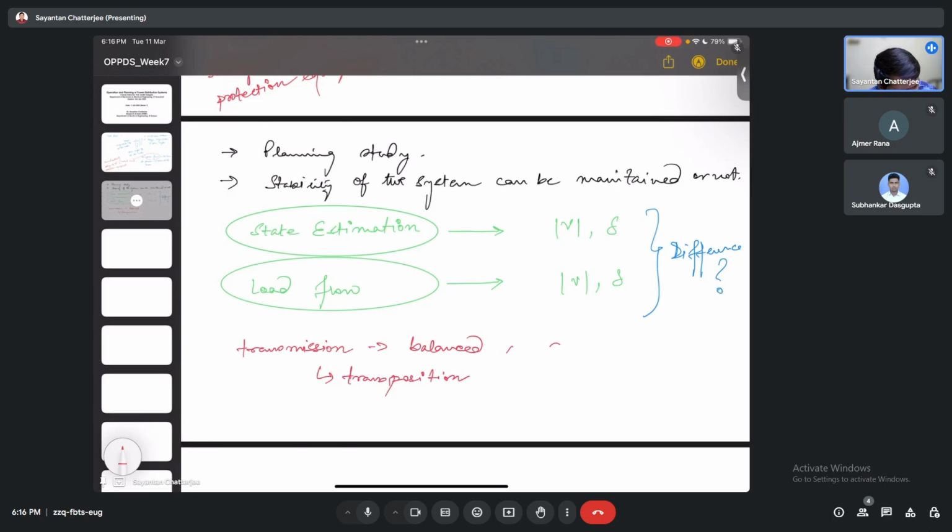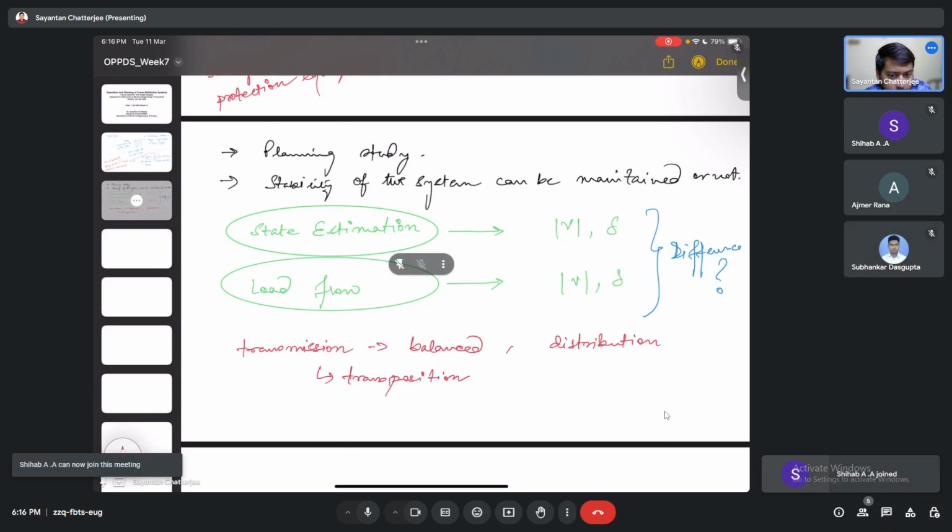In case of the distribution system, things are unbalanced in nature.